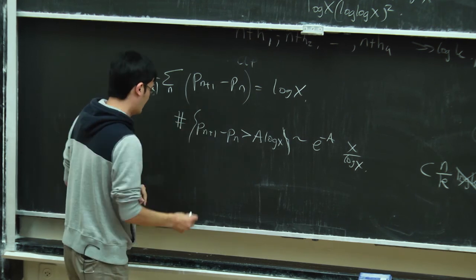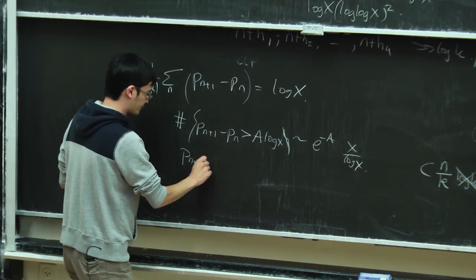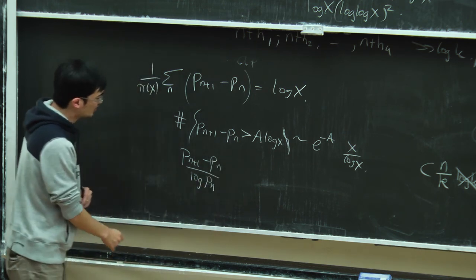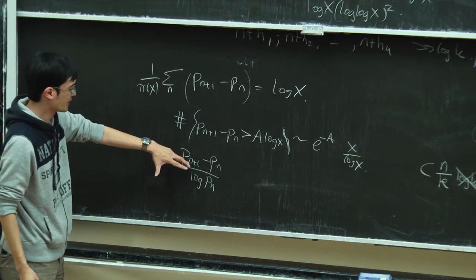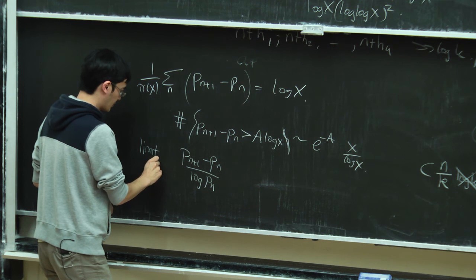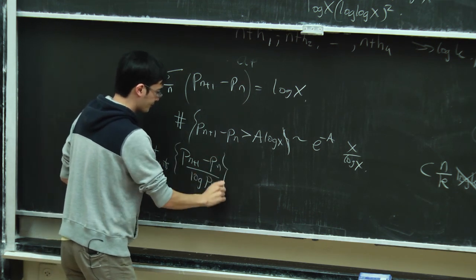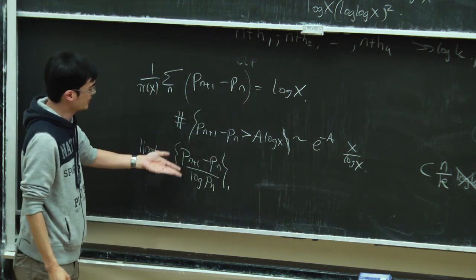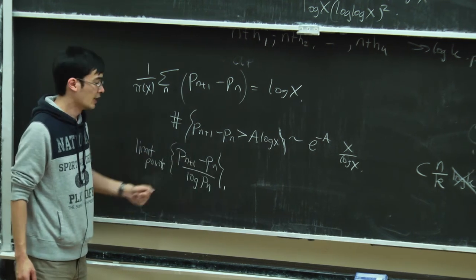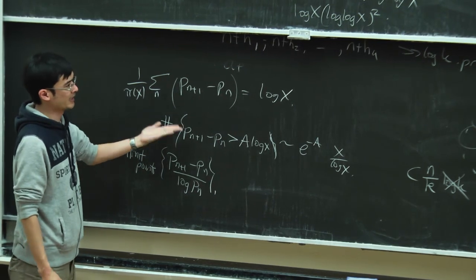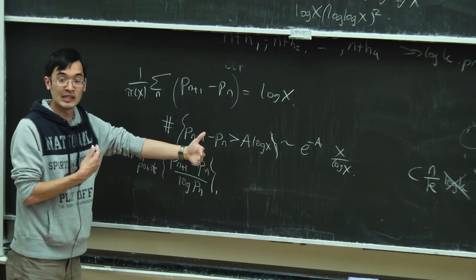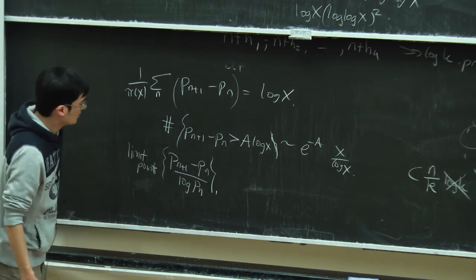People have studied some related problems. You can look at normalized prime gaps, normalized to be of size 1, and you can look at the limit points of this set. So what are the numbers such that (p_{n+1} minus p_n) over log p_n converges to that number? For example, this contains 0 because of the small gaps results, and it contains infinity because of the large gaps results. And it should contain every number in between. We don't know that yet.